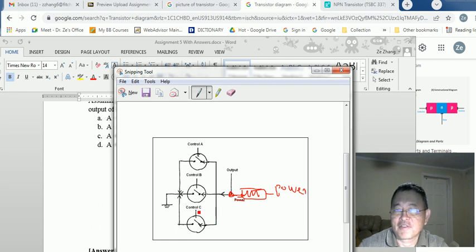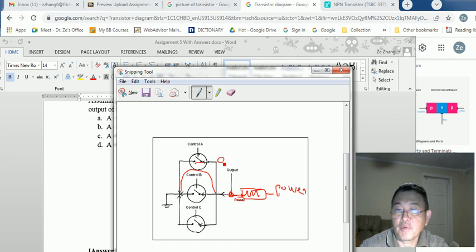Just to give you the answer for this one: if any one is closed, this will be low, connected to 0. The electric current will go from here to here. If any one is closed, it will be 0.